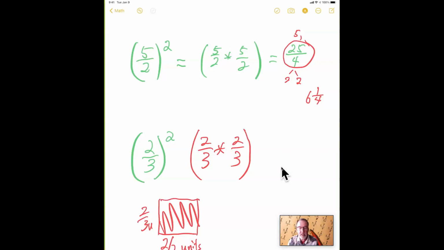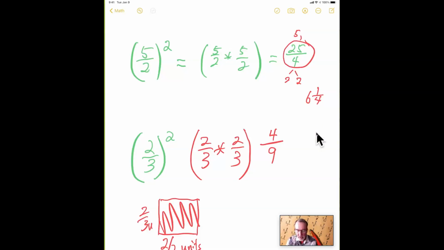It's going to be 2/3 times 2/3. With fractions, often the numbers get smaller and smaller, even though the area should be bigger than these numbers. But this is how we do the area of a shape. So 2 times 2 is 4, and 3 times 3 is 9. So 4/9 is our answer.